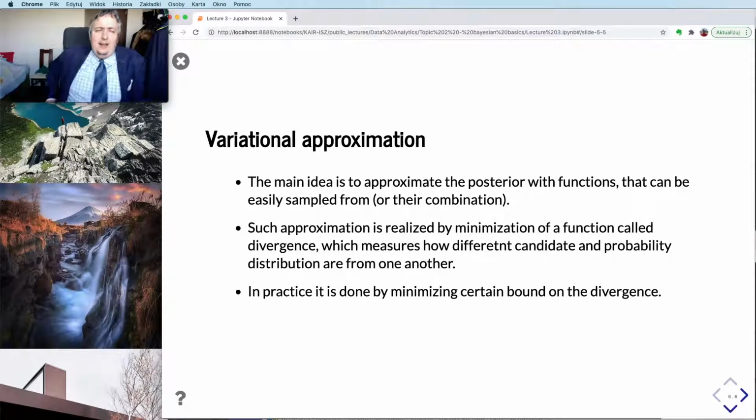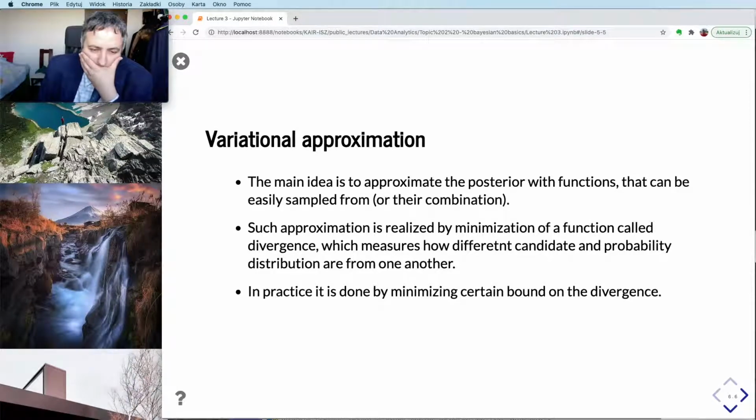In practice, this is done not by minimizing the divergence directly, but rather by minimizing a certain bound that allows the computation to be much more efficient.